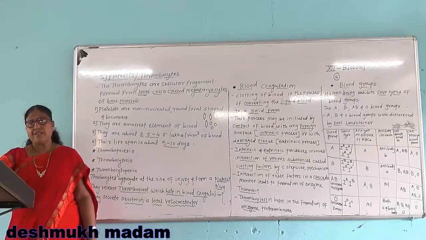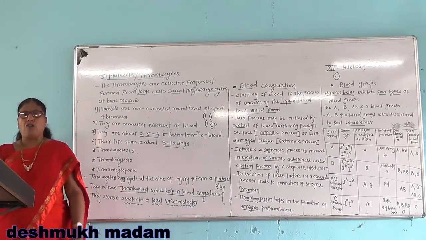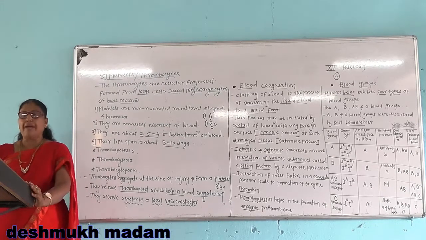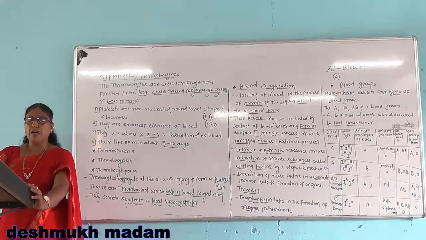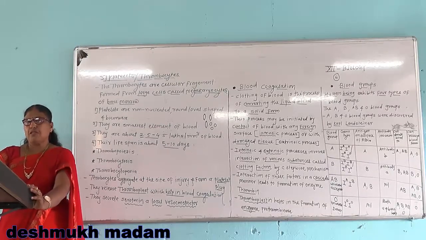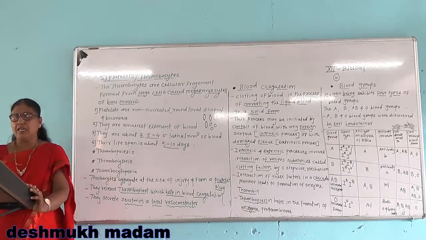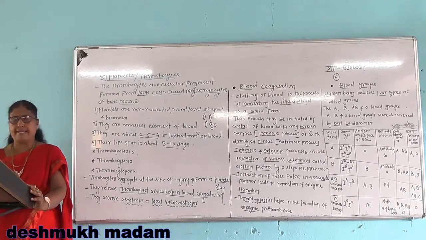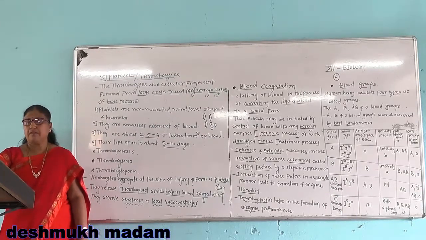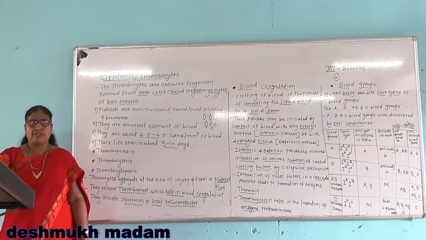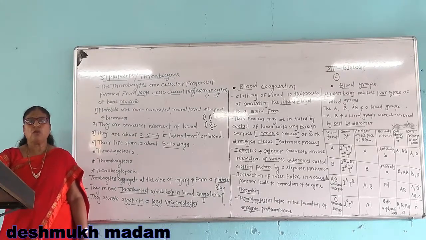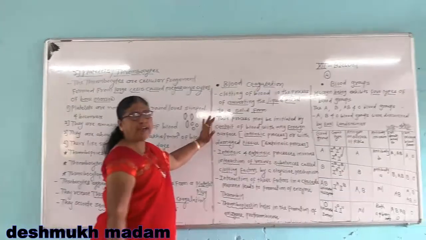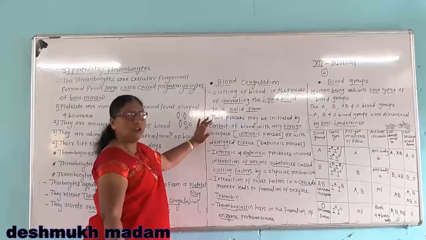Fibrin forms a mesh in which the platelets and other blood cells are trapped to form a clot or coagulation. This is the process of blood coagulation or blood clotting.